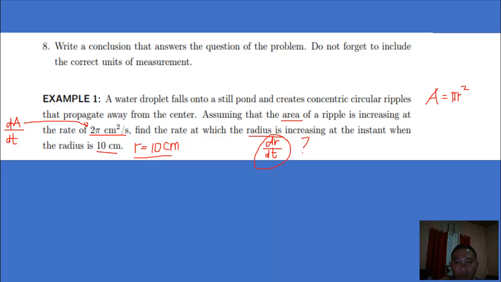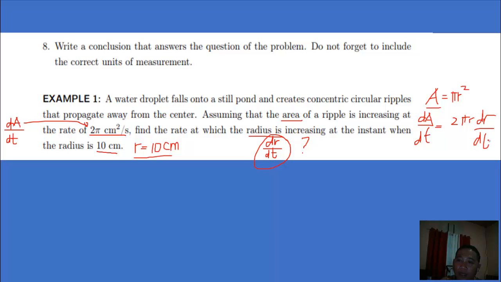You're given a function here, the area in terms of r, which is pwede nating makuha ang kanyang derivative. That is derivative in terms of the area, of course, in terms of t, of course. And then, in terms of r, you have your 2 pi r dr over dt.